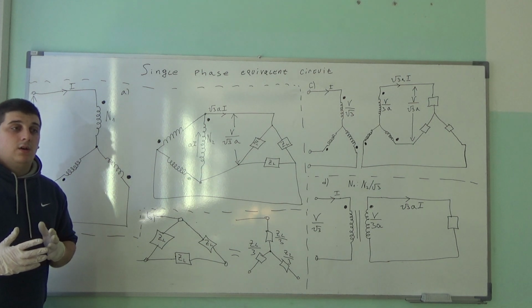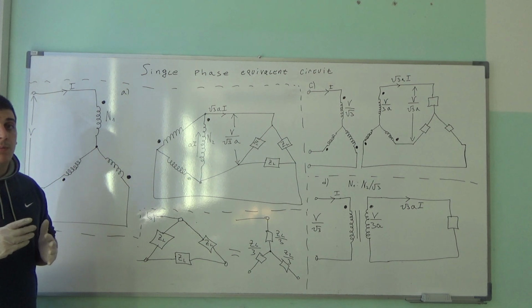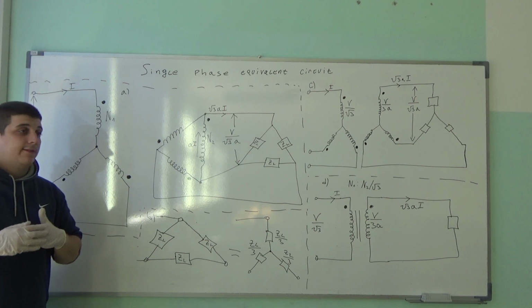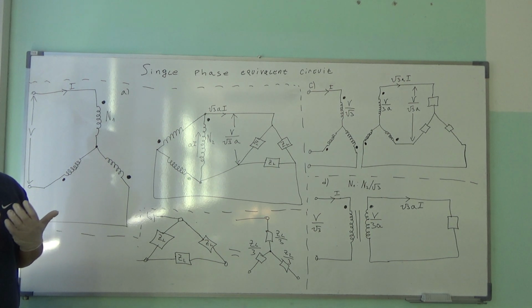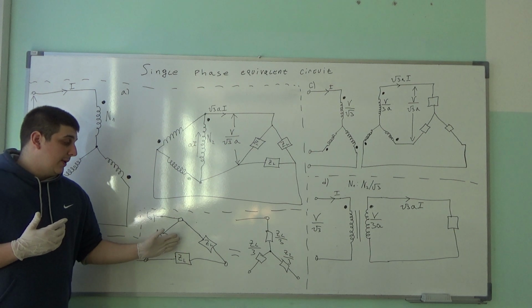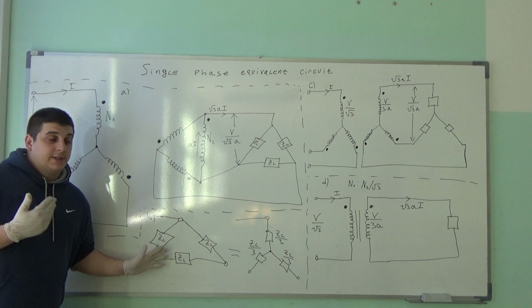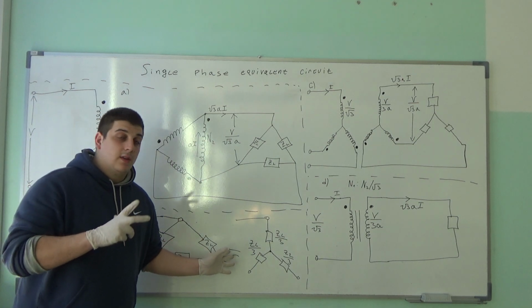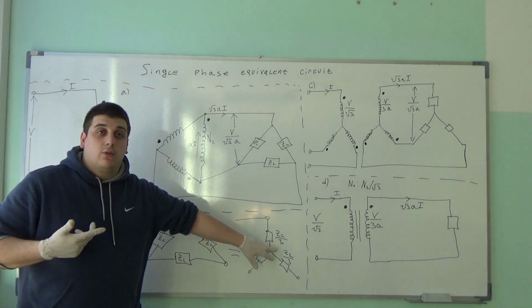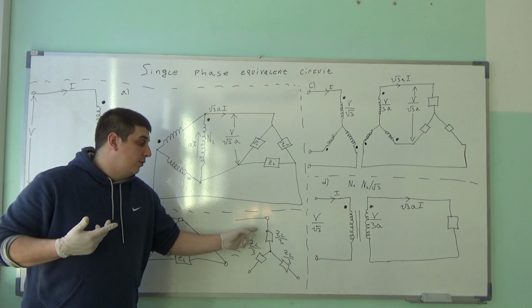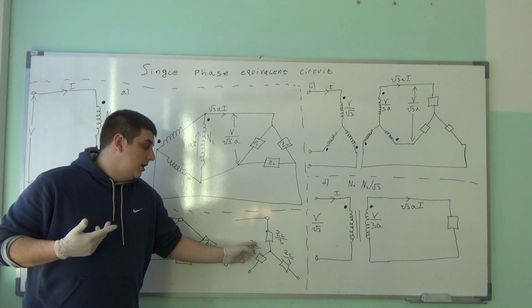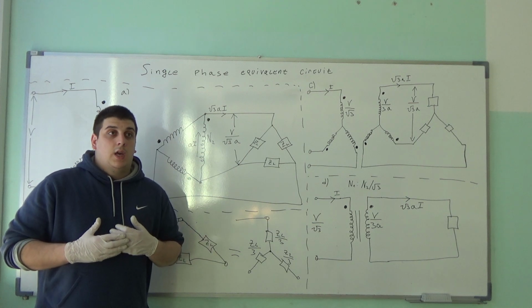Now, remembering something, if you have learned it in first year about the fundamentals of electrical engineering: if you have a delta configuration with ZL that are all the same, we can transfer that to a Y configuration, which is equal to ZL divided by 3, ZL divided by 3, ZL divided by 3.